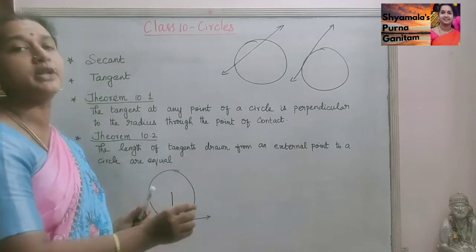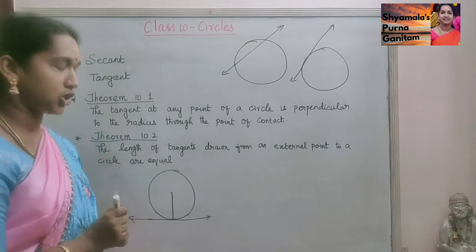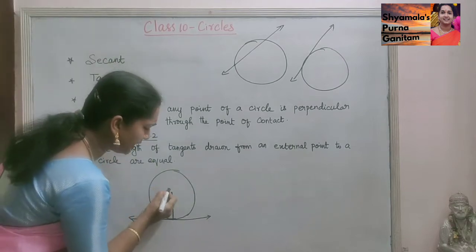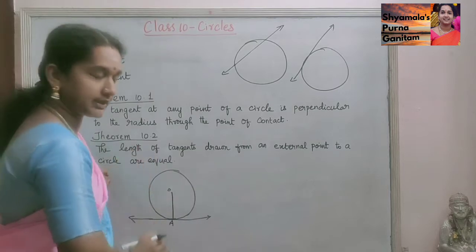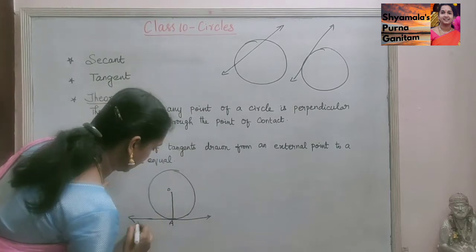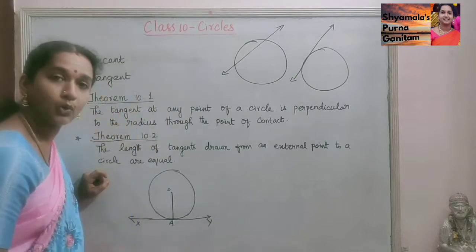There is a proof given for that shortest distance. Take OA, which is the radius of the circle, and this XY is the tangent line.